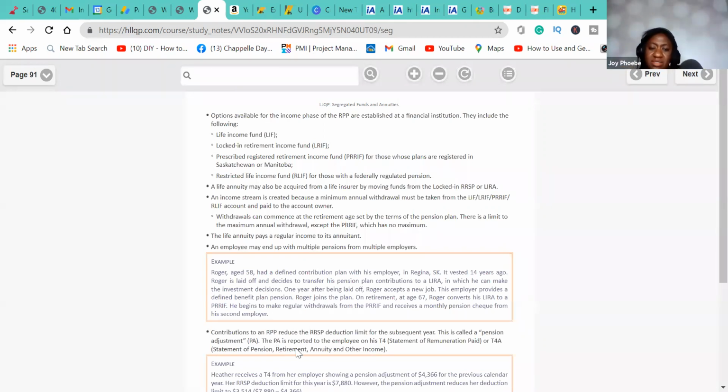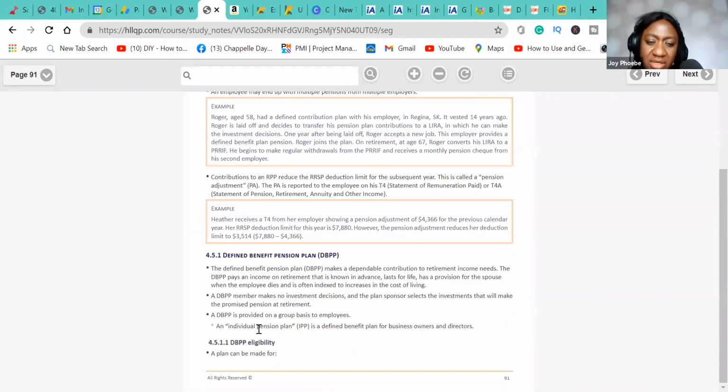So let's look at the defined benefit pension plan. A defined benefit pension plan makes a dependable contribution to the retirement income needs. The defined benefit pension plan pays an income on retirement that is known in advance. Long story short, there are not many organizations that provide defined benefits today.